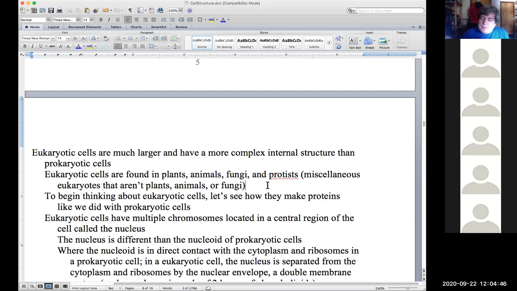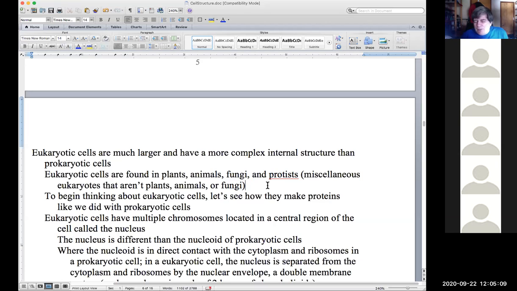The way to think about protists, I always say, is if you've ever cleaned out your basement or your garage or something, you have a pile of old kids' clothes and old games, and you have a pile of tools, and you have a pile of your old tax records or something.